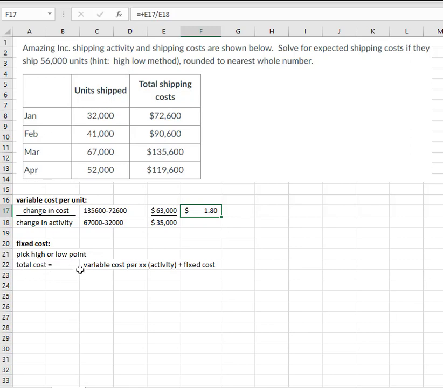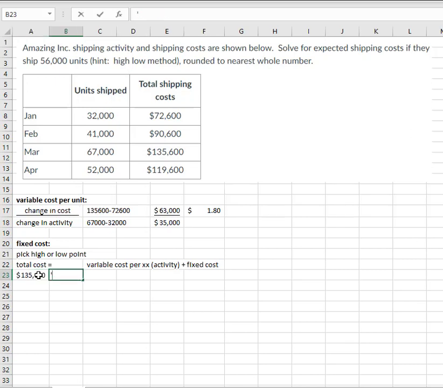So the formula is total cost equals variable cost plus fixed cost. Those are all the costs, or all the variable and all the fixed. Okay, so total cost is, for the high point, $135,600. And variable cost per unit was $1.80, times units shipped, plus, we're going to call it X. That fixed cost is the X we're solving for.